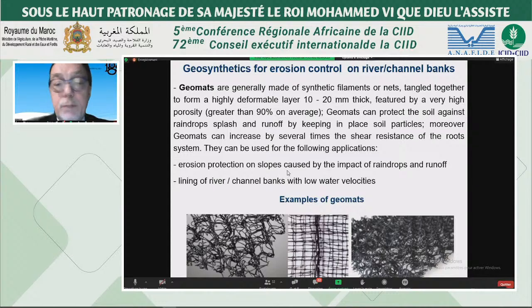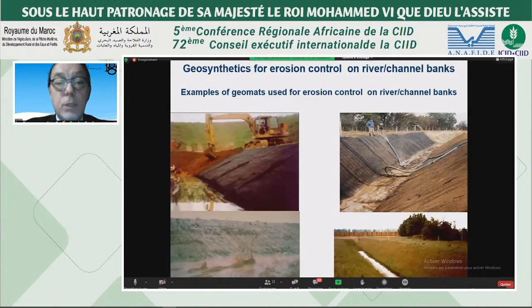Une vue rapide sur les géosynthétiques et le contrôle des érosions au niveau des rivières. L'exemple de l'utilisation de géomates pour le contrôle de l'érosion sur des canaux, où ils peuvent être alignés de géomates à travers, ou bien ils peuvent être implantés par de la végétation.